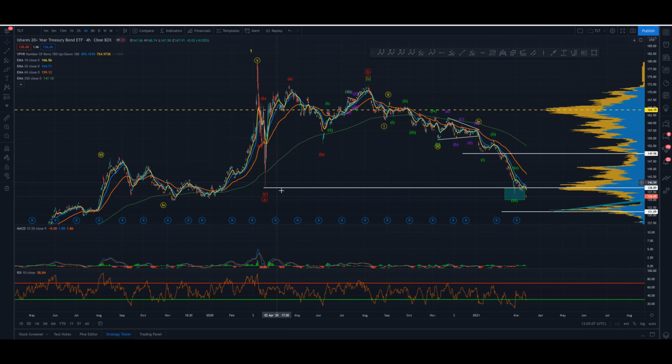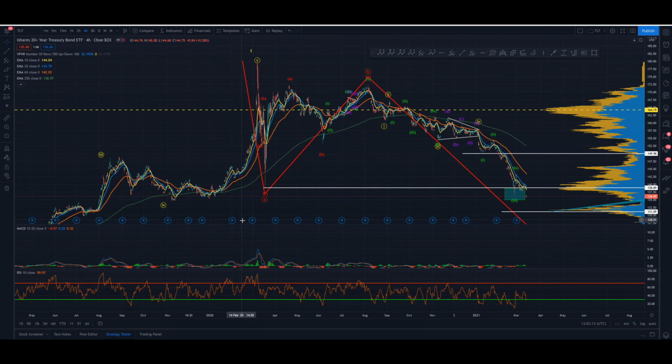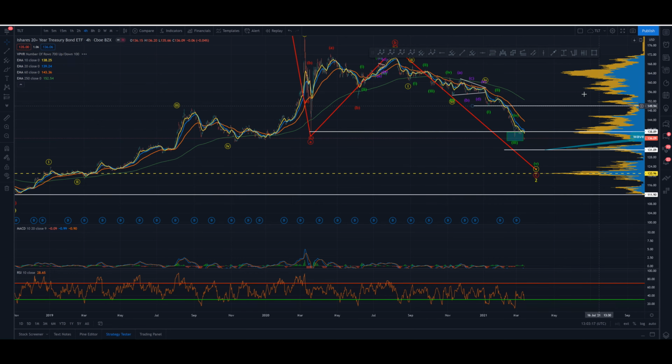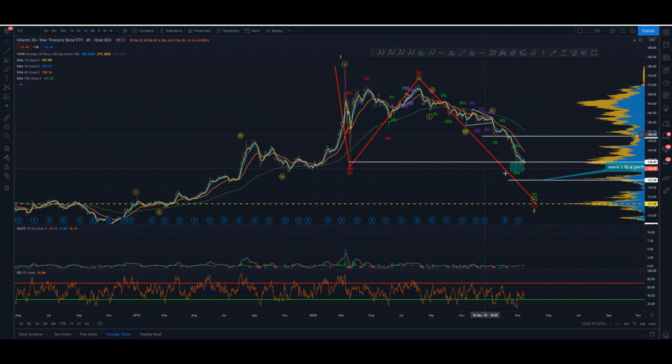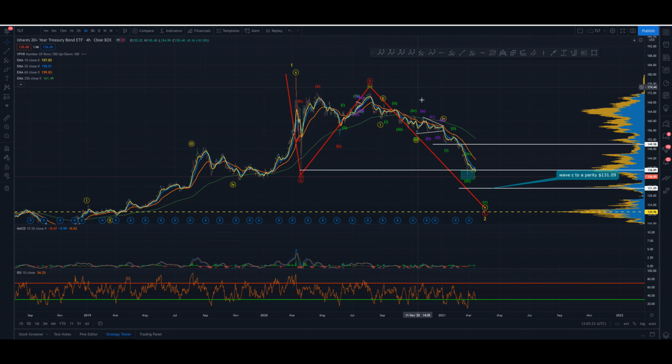So ABC from a wave 1 top is what I'm looking for here. An A we got, a B we got, and a C we're working on. Even though I sound surprised by the sell-off, and I am, from a technical point of view I'm still expecting it to go a little lower.